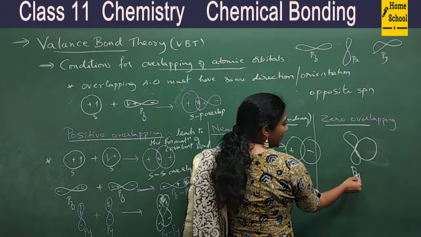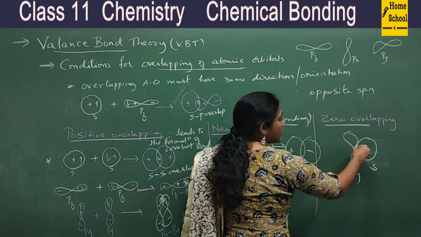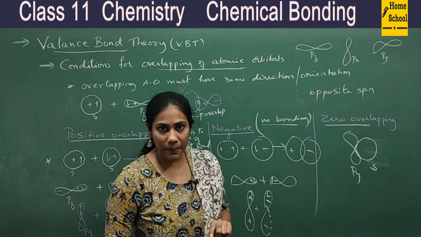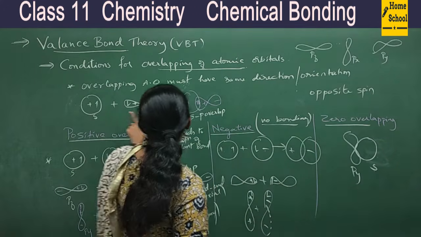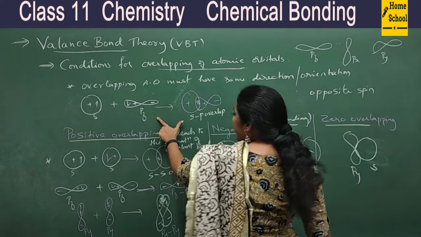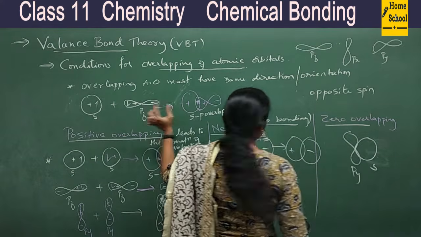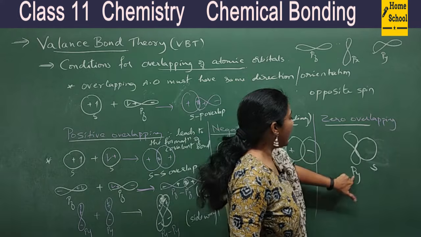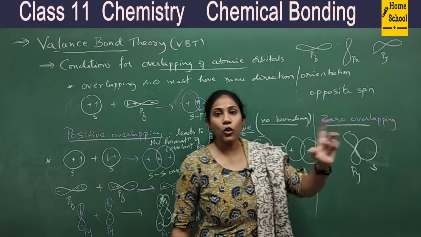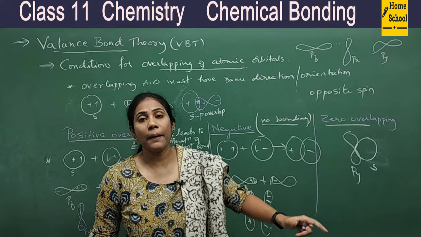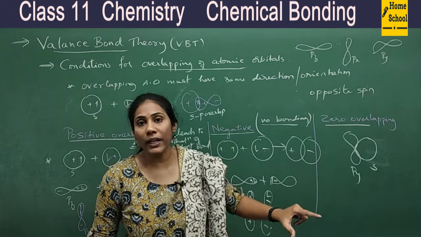Such overlap does not take place. Always an s orbital can overlap with pz. Orientation must be along this horizontal axis, but here py and s orbitals do not overlap, so that is a zero overlap. It is an impossible overlap.